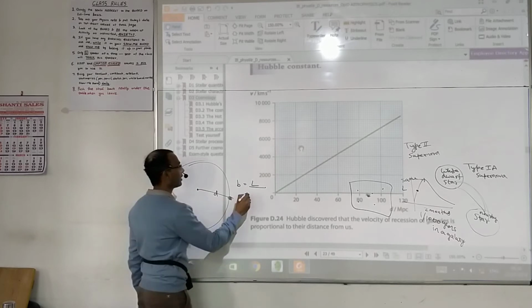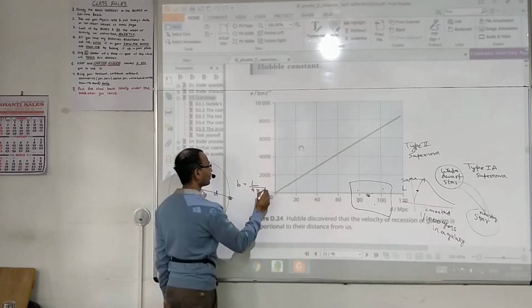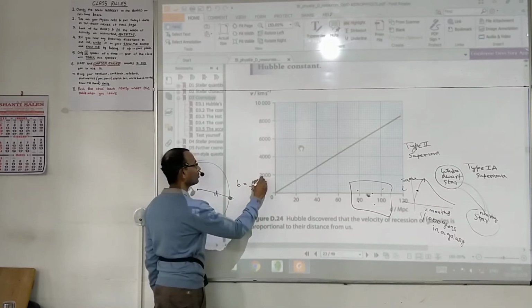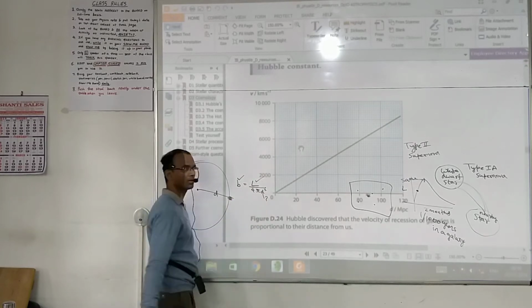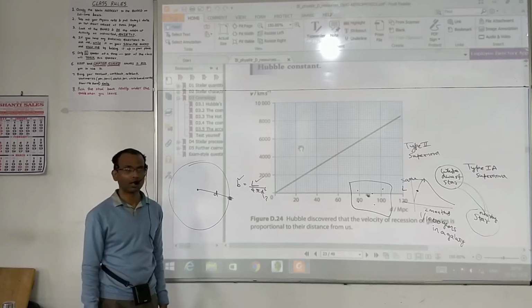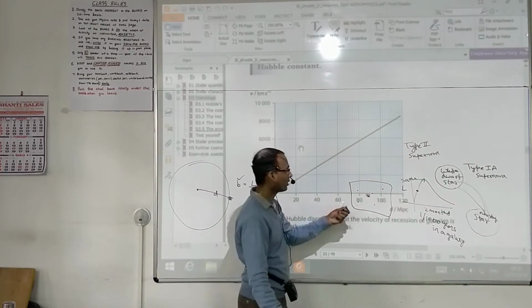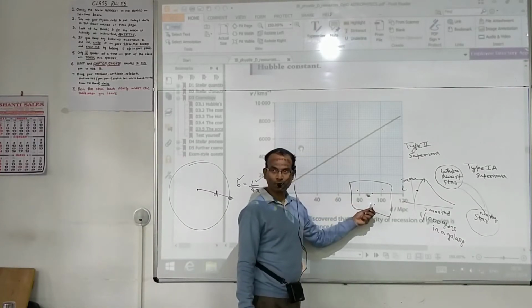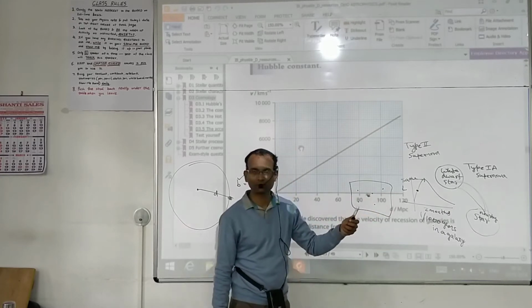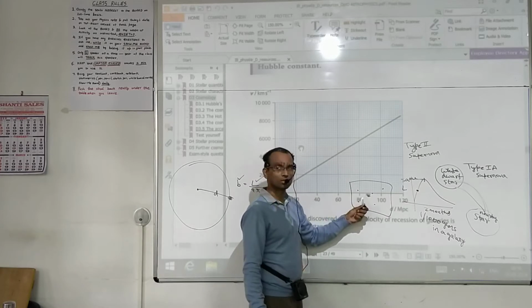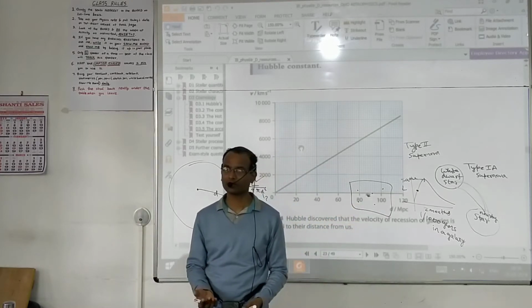So 4 pi d squared. So this is known. This is known. So you can find out the distance of this star. And this supernova is in some galaxy. Usually they will belong to one galaxy, another supernova will be in some other galaxy. So if you know the distance of the star, you know the distance of that galaxy.